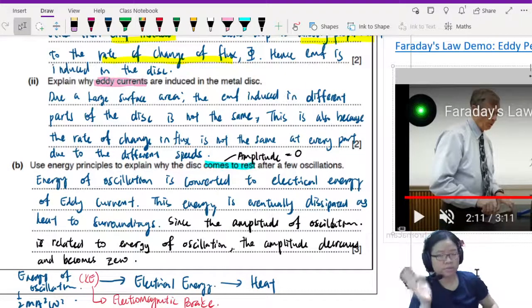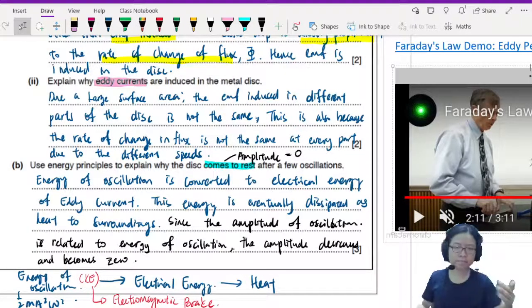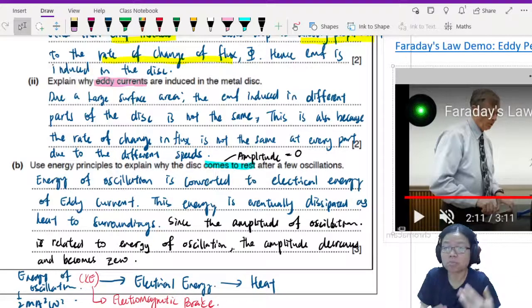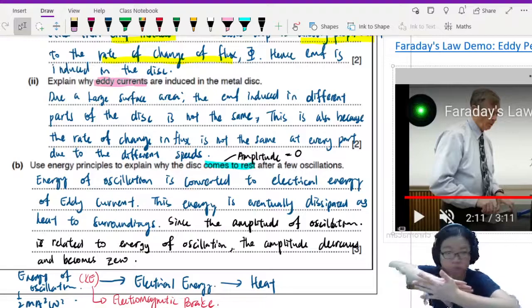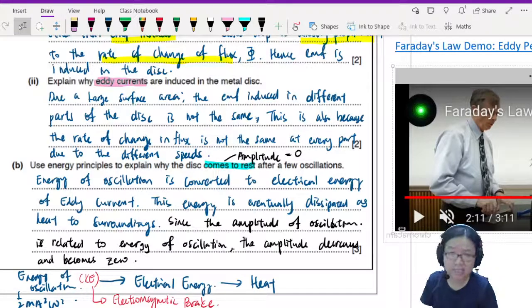Okay, so that's it about eddy current. Eddy current is very useful when we want to dissipate energy from the system very quickly. Something is moving too fast and we want to slow it down very quickly. Okay, so it's way more efficient than, say, using friction, because friction will cause the surface to smoothen out and you need to replace certain things.